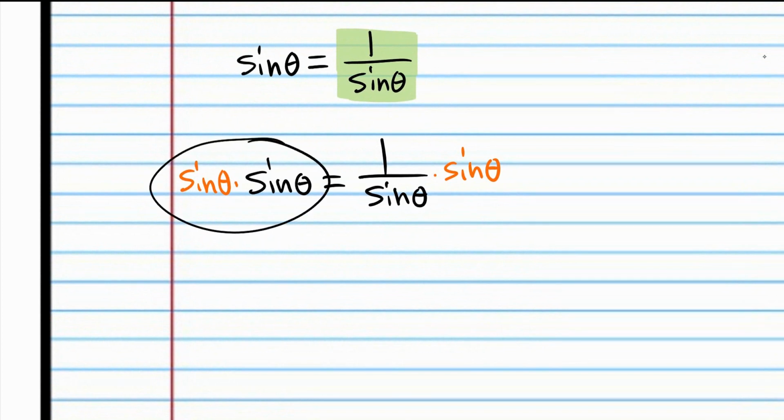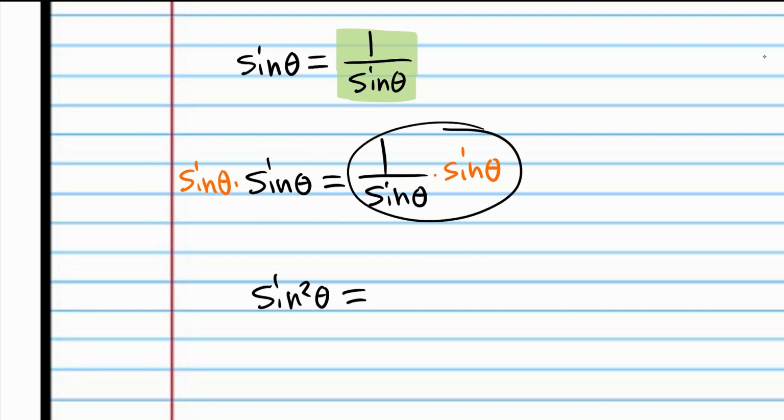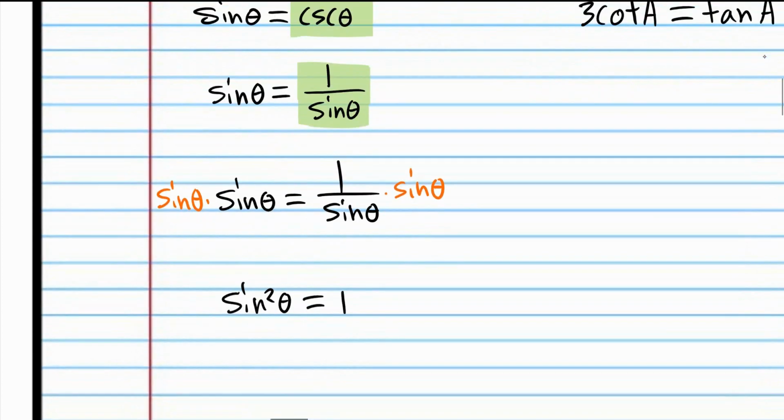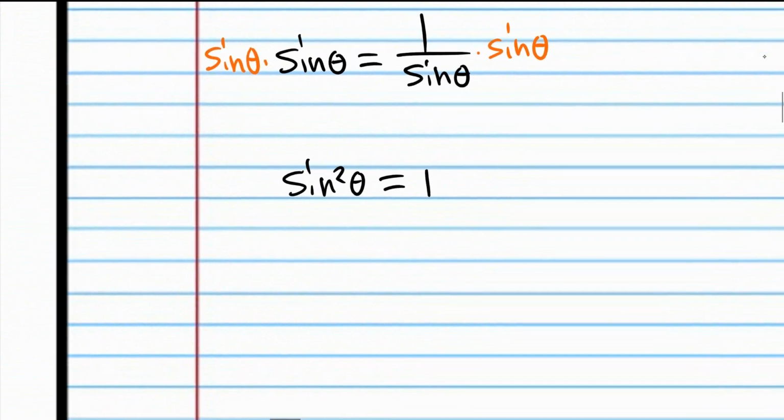So sine theta times sine theta is sine squared theta. And here you get sine theta over sine theta, which is just 1. So that's why we multiplied both sides of the equation by sine theta to get rid of that fraction. This, believe it or not, is a much simpler equation to solve.